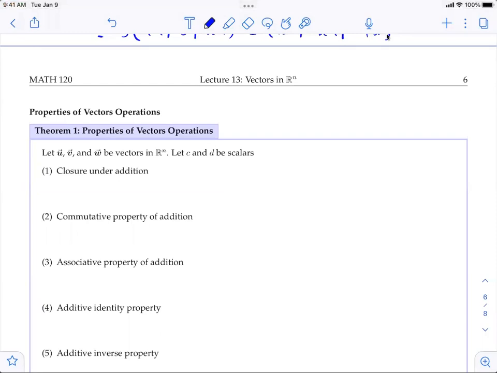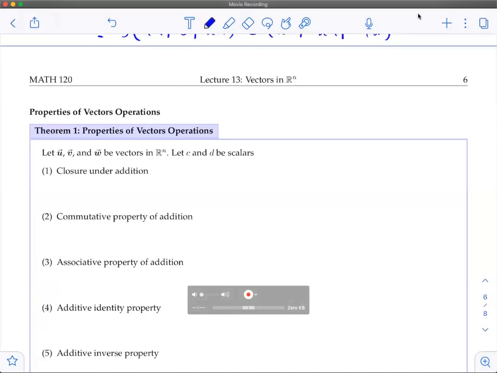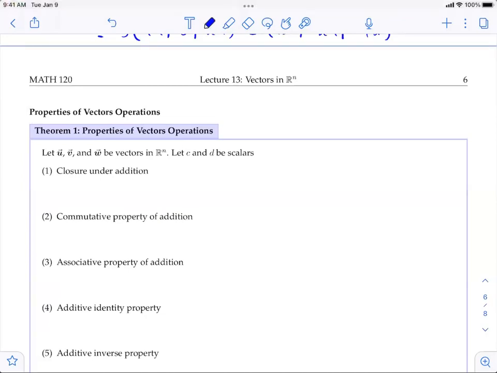When you perform vector addition, if you have two n-dimensional vectors, then the sum is also going to be an n-dimensional vector. So u plus v is in Rn. If that happens, we call that closure under addition.